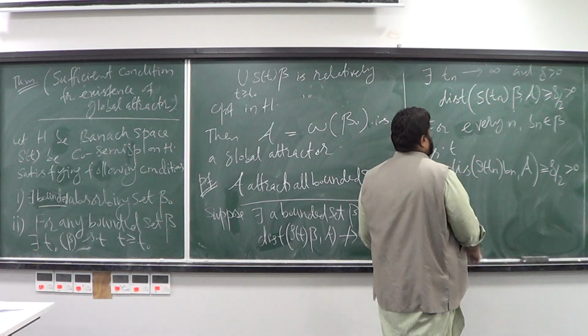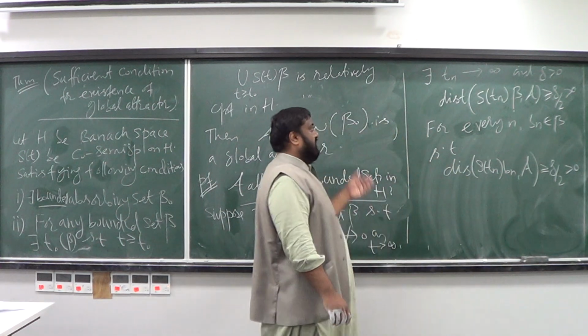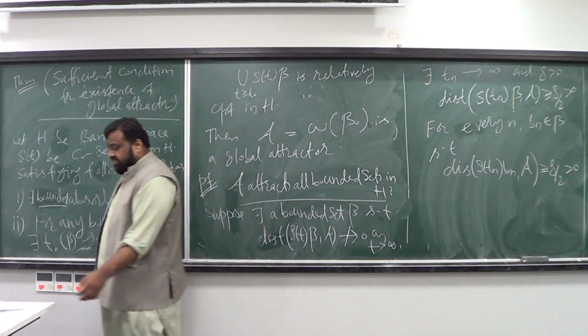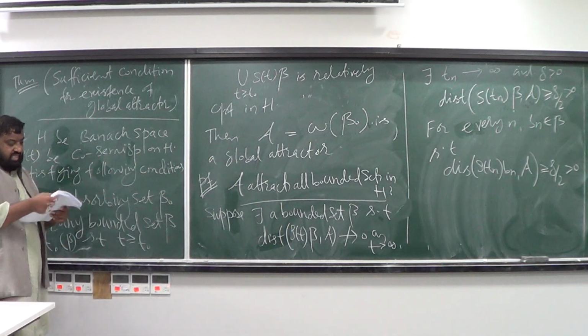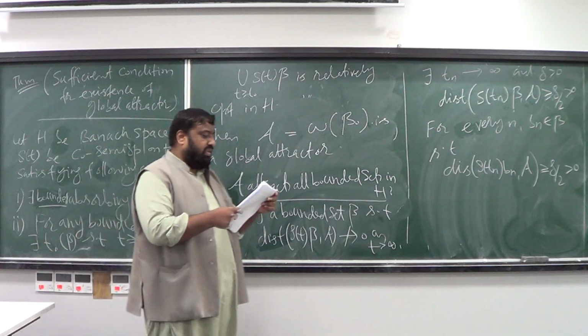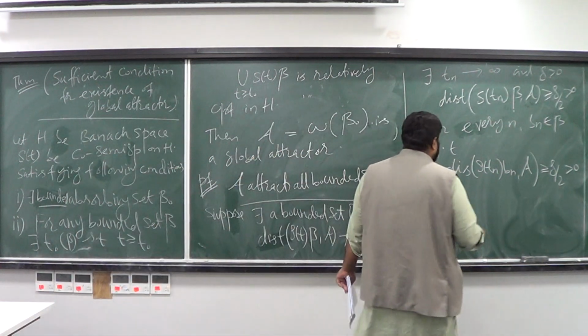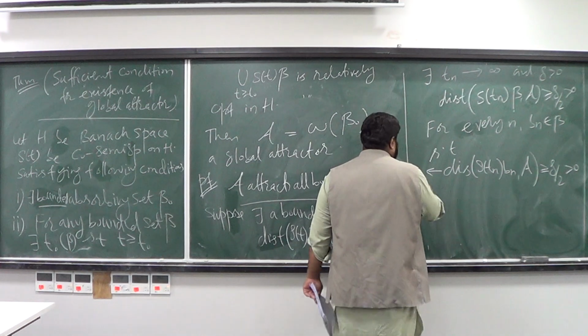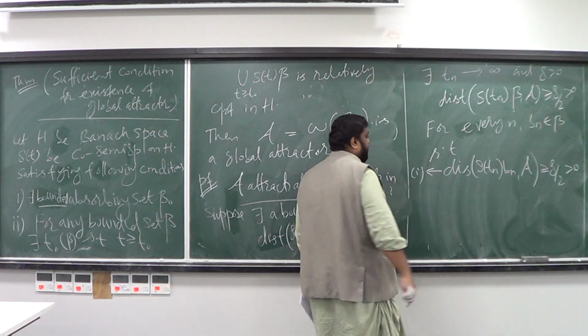Okay? For all times, for all times Tn goes to infinity. So these are some of the immediate consequences of the definition, the assumption, the supposition that you have made actually.